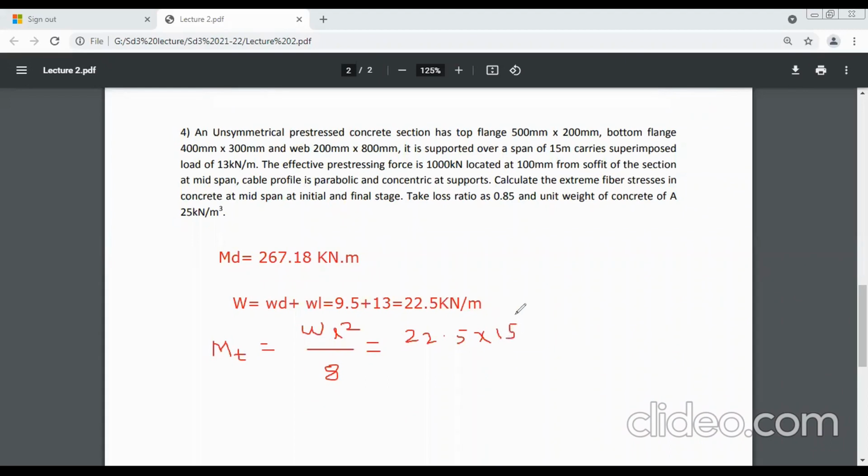So how much is the bending moment MT? MT is equal to 22.5 into 632.81 divided by 8.